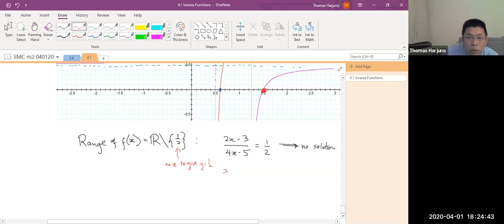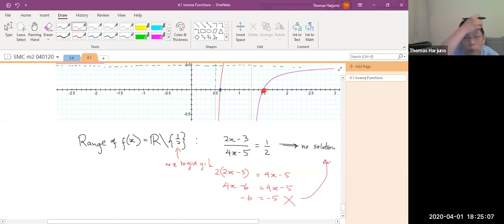We will get no solution. 2x minus 3 times 2 equals 1 times 4x minus 5. So 4x minus 6 equals 4x minus 5. Cancel the 4x, and I get -6 equals -5, which is a contradiction, right? Therefore, no solution.